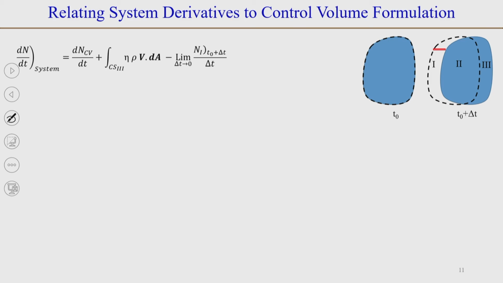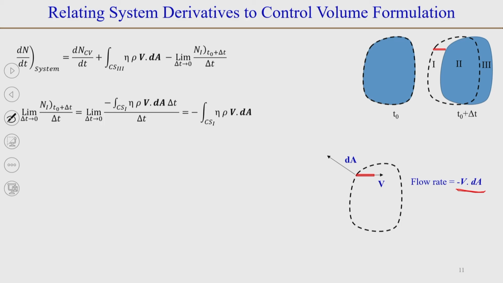So, if we consider a small region in region 1, then because the outward normal and the velocity vector are in the opposite direction, the flow rate coming in will be minus V dot dA. So, we do the same analysis, but with a minus sign, because the flow is coming inside the control volume.